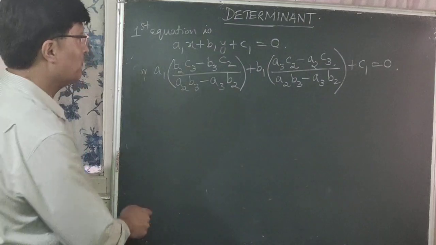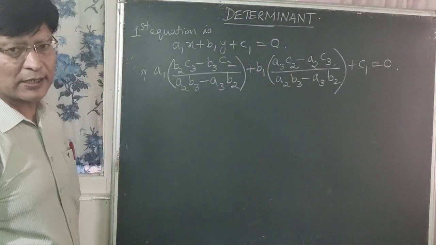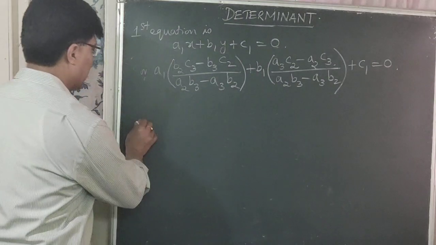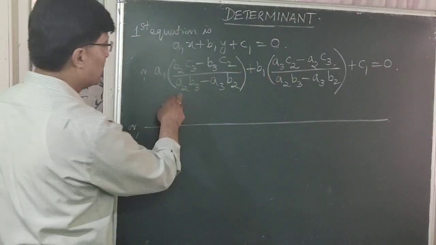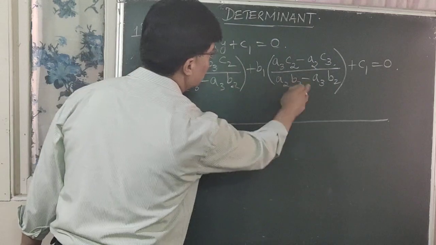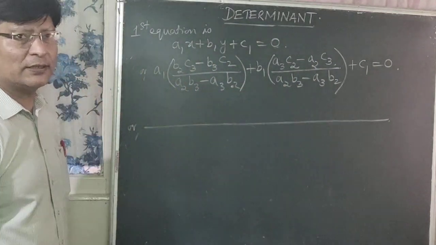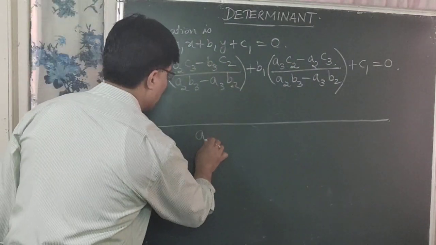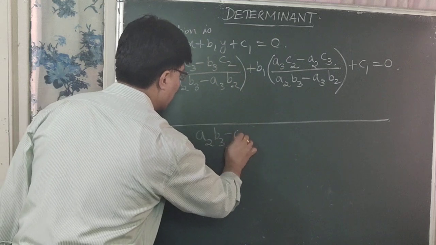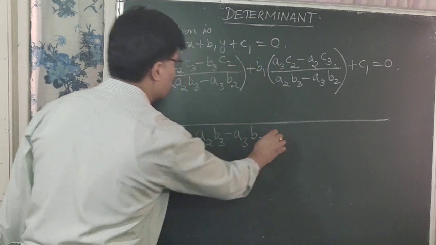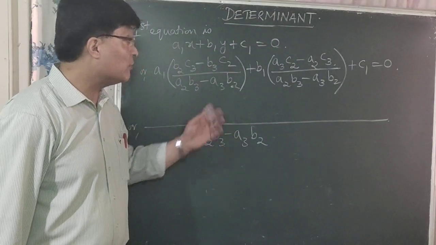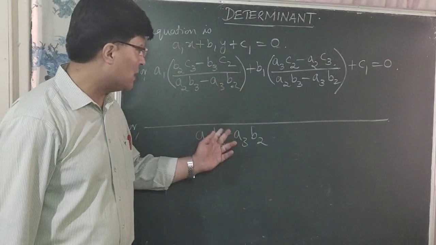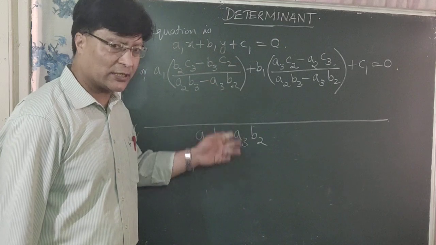Let us simplify it. So on the left hand side you can find out the LCM. So what's the LCM here? The LCM is A2B3 minus A3B2. These are the same expression here. So this is the LCM, right? Now this LCM is divided by this denominator one time, you know how to simplify it, isn't it?